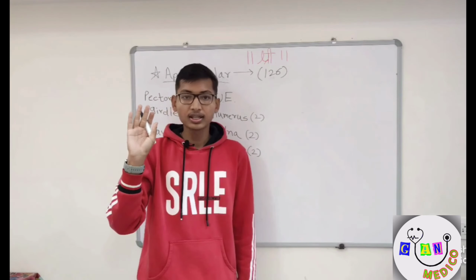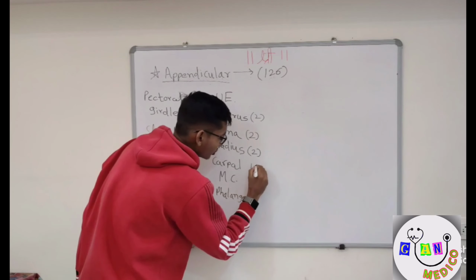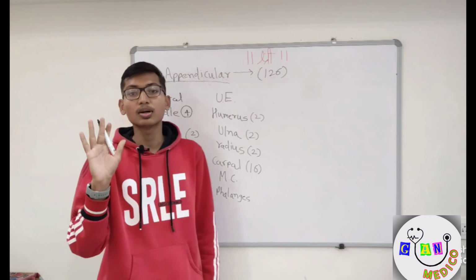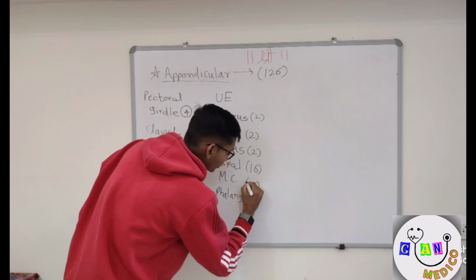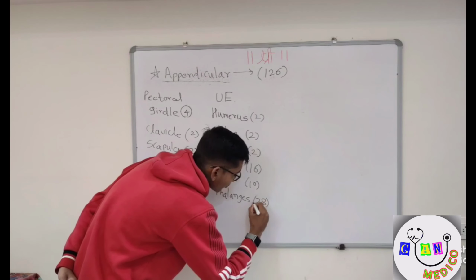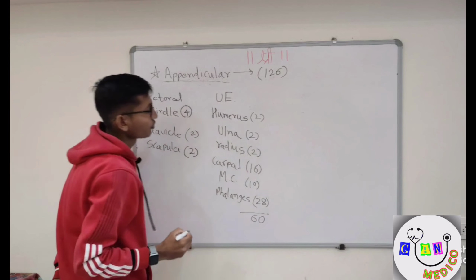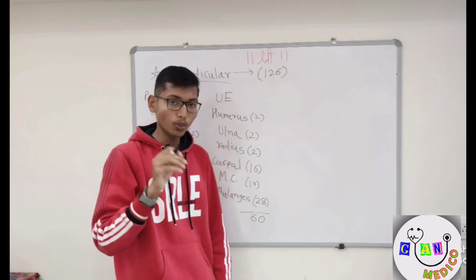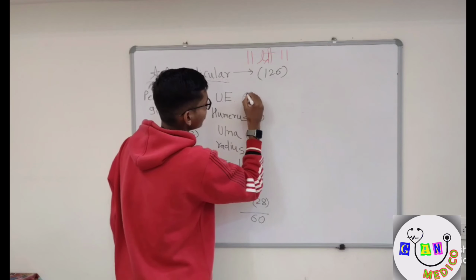Each upper limb contains 8 carpal bones. So 8 plus 8 total 16 carpal bones. Next metacarpal. Each upper limb contains 5 metacarpals. 5 plus 5, 10 metacarpals. And phalanges 14 plus 14 total 28. This is total 60 bones. So upper extremities, right as well as left both, contain 30 plus 30, total 60 bones.